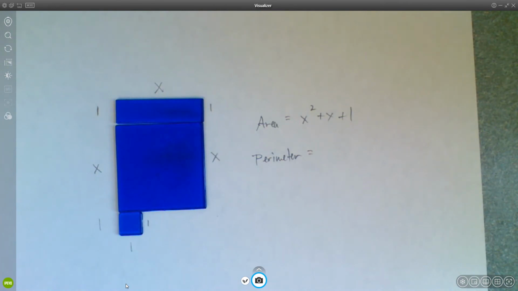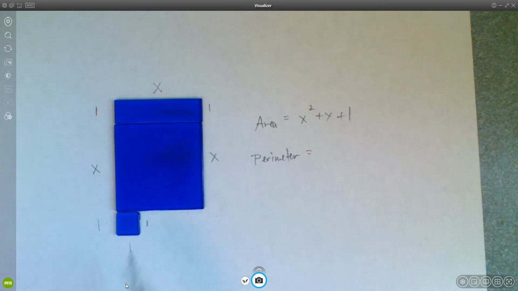Well, so here's the trick, right? We know that the entire length from this corner to this corner is x. But from here to here is 1, and that's already accounted for. So from here to here should be x minus 1, right?